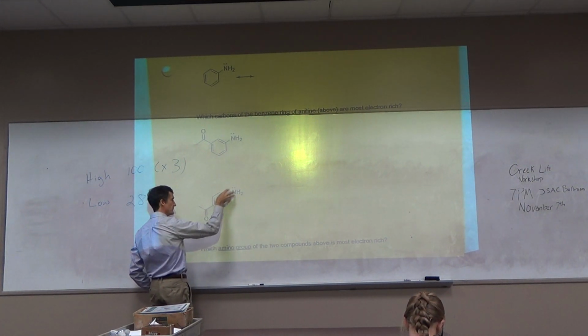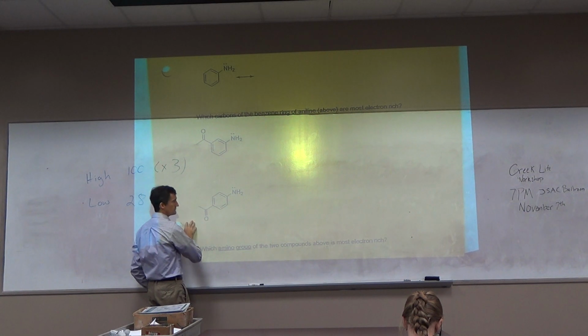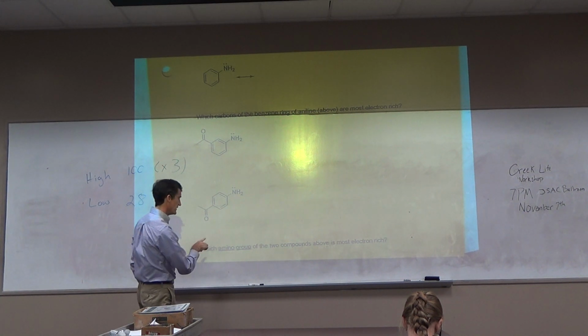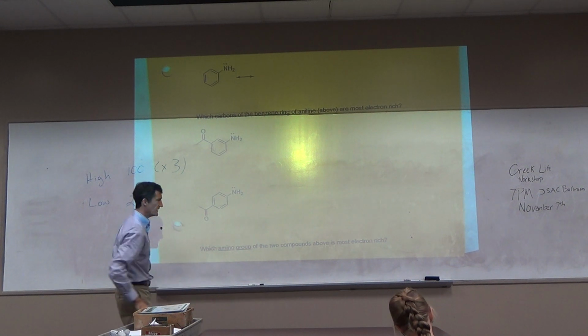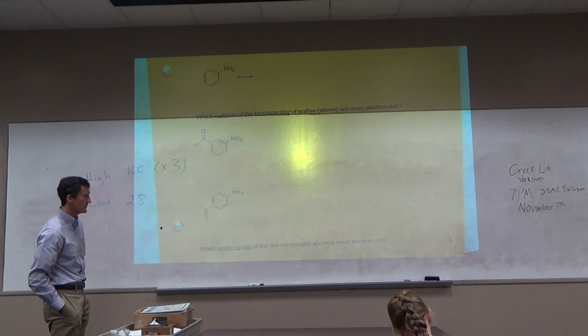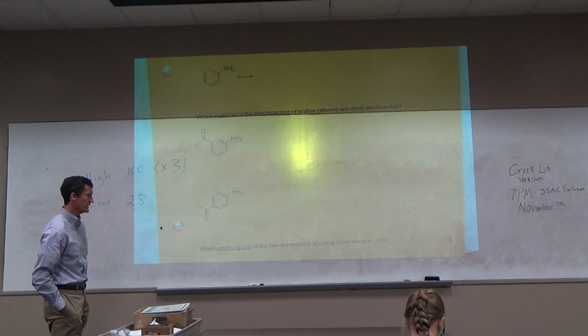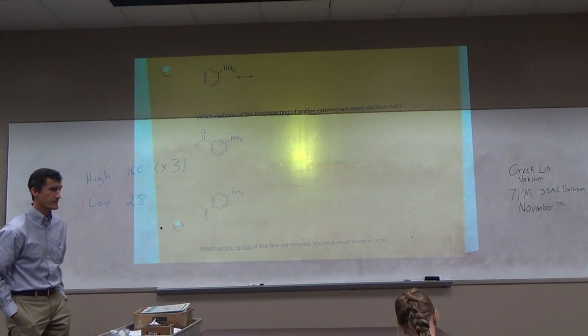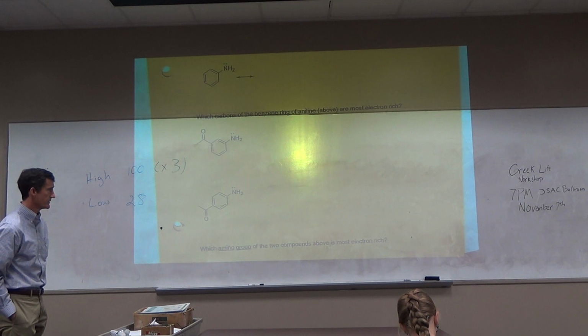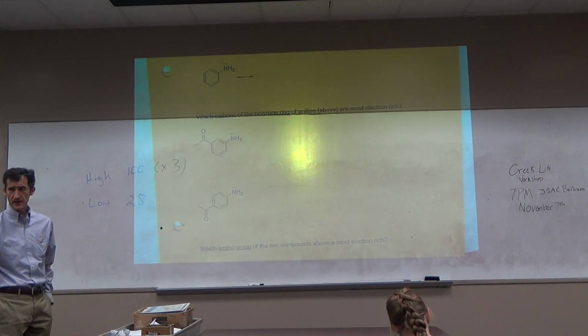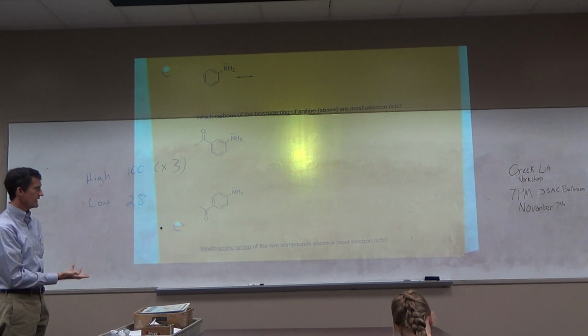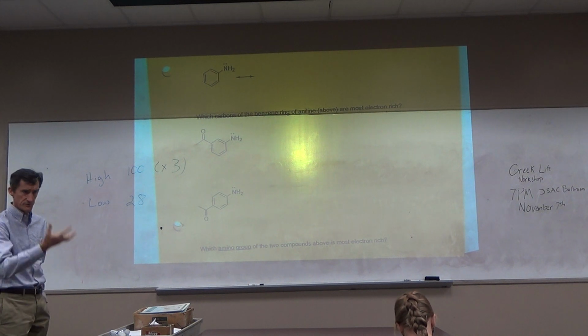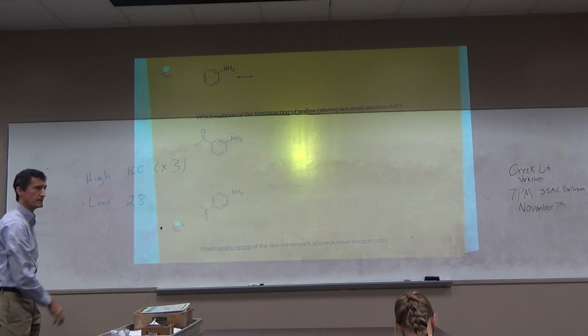They're moved somewhere else. Which amino group is most electron rich? Does that sound like it's the one where you can delocalize it the most or the least? Least. It's actually the least, because the more you can delocalize it, the less electron rich the amine becomes, because you're moving the electrons away from it.